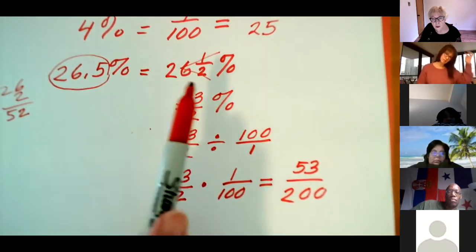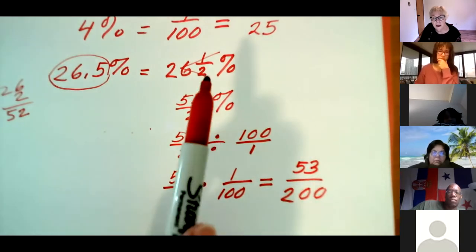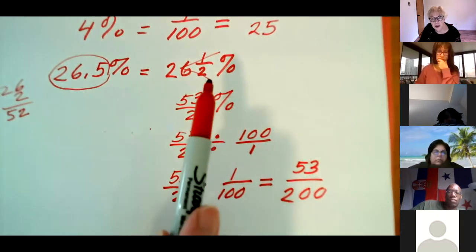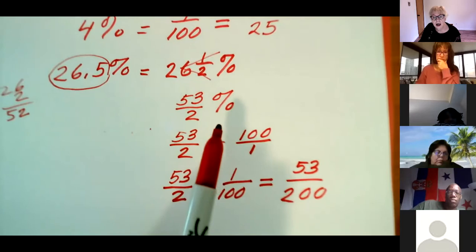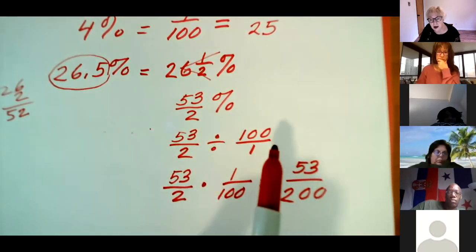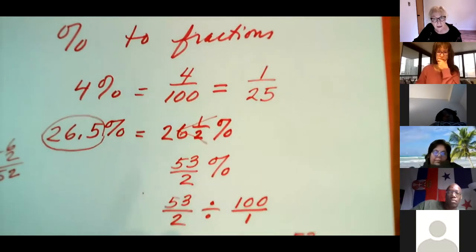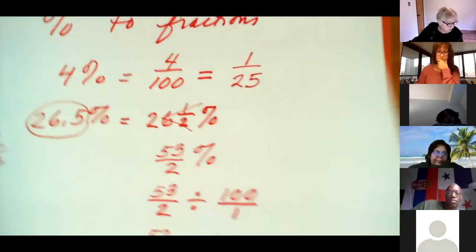The better form was the improper fraction, 53 over 2. And then finally, we figured out how to remove the percent symbol by what it means, dividing by 100, and then we had to go from there. That, of course, is probably one of the least favorite, but that's one of them. What I wanted to do was do one more.